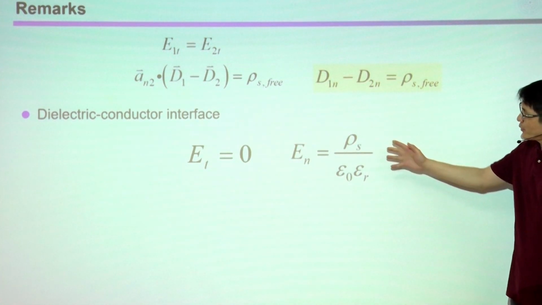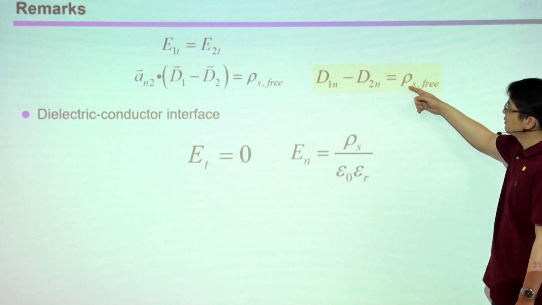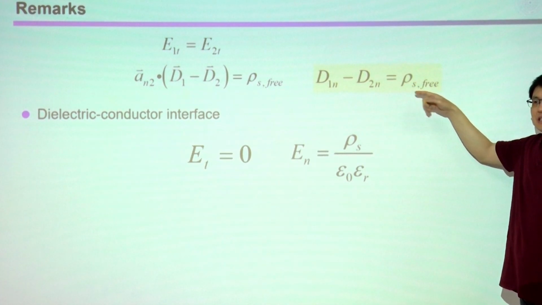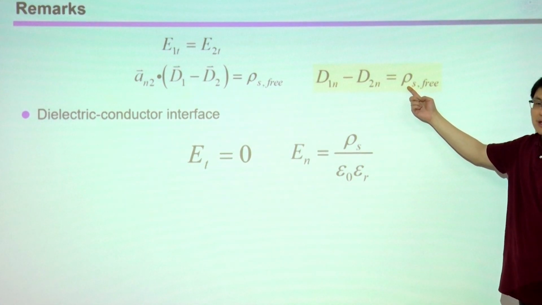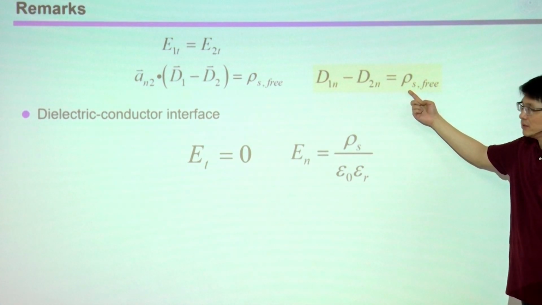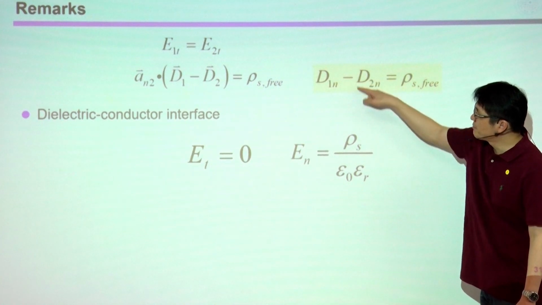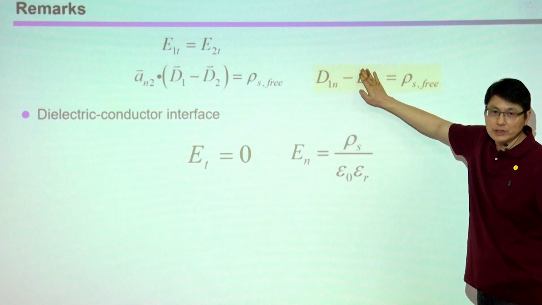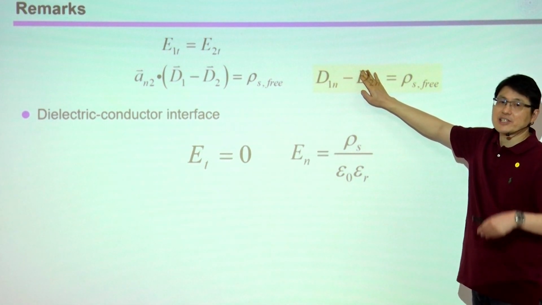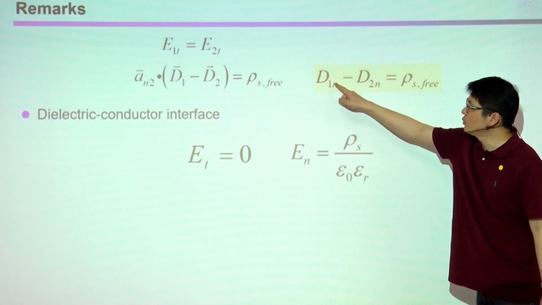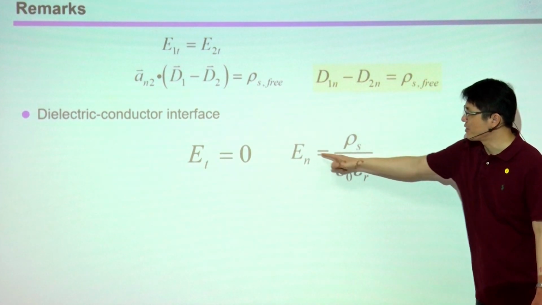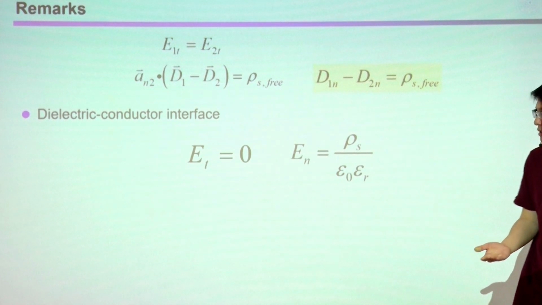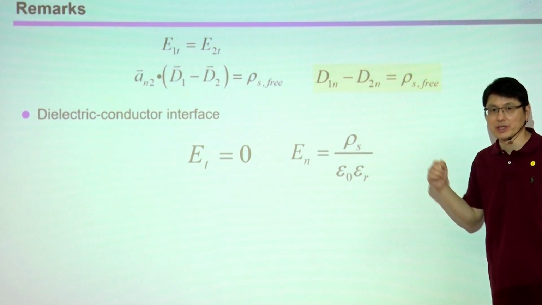So now you have to think, well, at the interface of a metallic surface, you are allowed to have surface charge density, but still, inside the metal, you cannot have field, right? Not even the normal component. So that's directly telling you D1n is equal to this, and therefore E is equal to D divided by epsilon. Immediately you have this relationship.